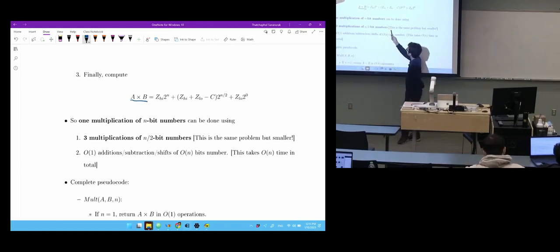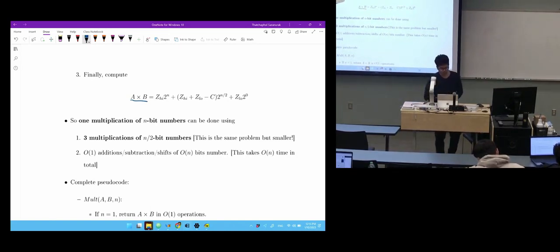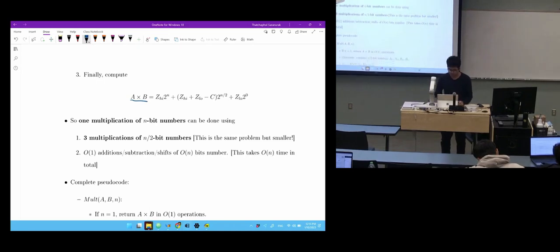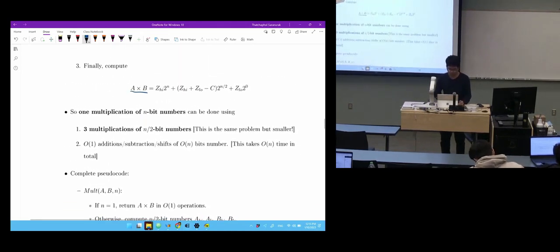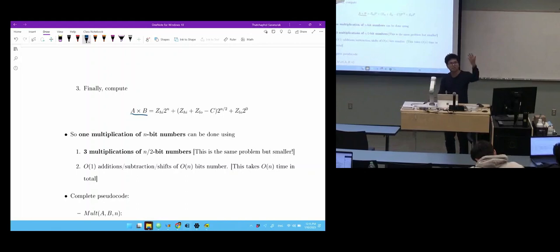And once you have done that, just do some addition, subtraction, or shift. And that total time is just O(n). And that's it, that's the key insight. You reduce the number of sub-problems from 4 to 3. And that looks good.